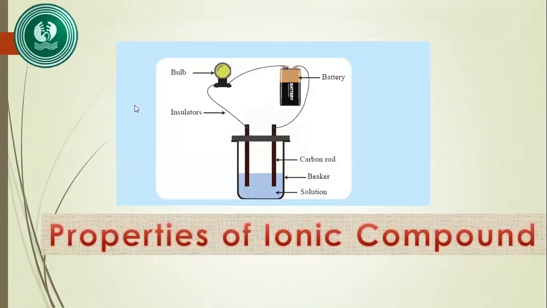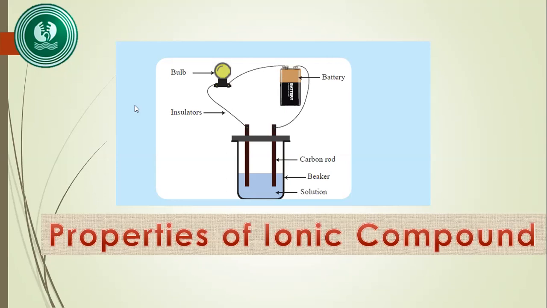This is an experimental setup to test whether the given solution conducts electricity or not. You know, there are two things that conduct electricity. One is freely moving electrons. In the case of metals, for example, copper, silver, aluminum and iron, they conduct electricity because they have freely moving electrons.